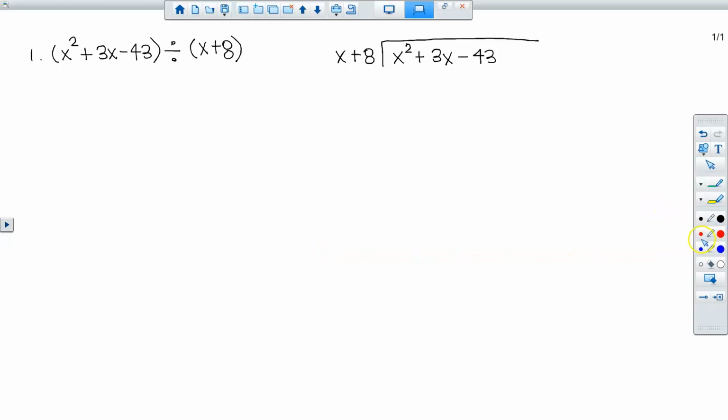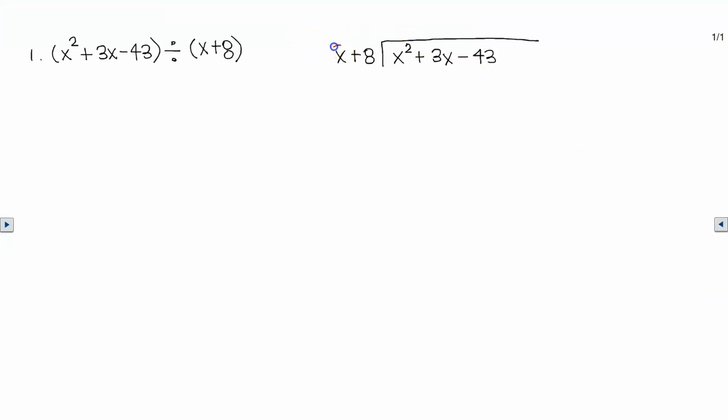Okay, now remember how this goes. You are going to start out by asking this question: how many times will this first term of x go into this first term of x squared? And remember that when you ask that question, what you're really asking is, what would I have to multiply times x in order to get x squared as the result?